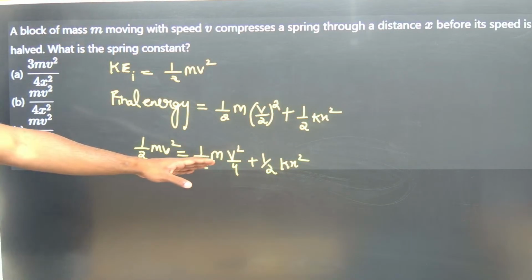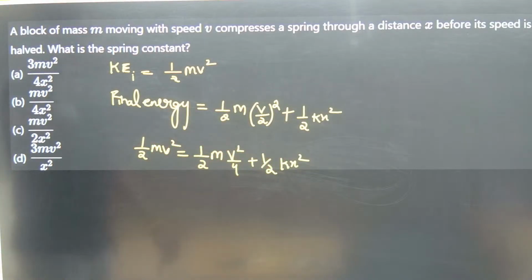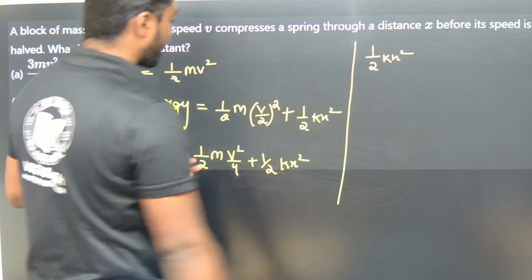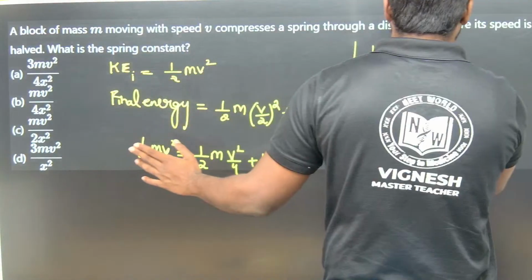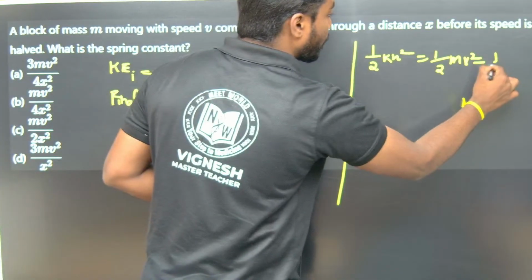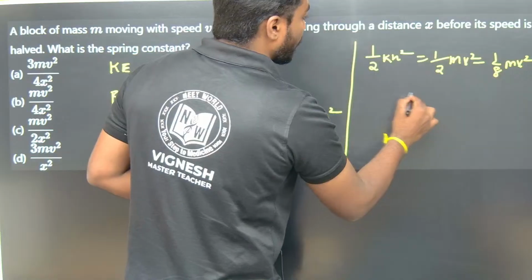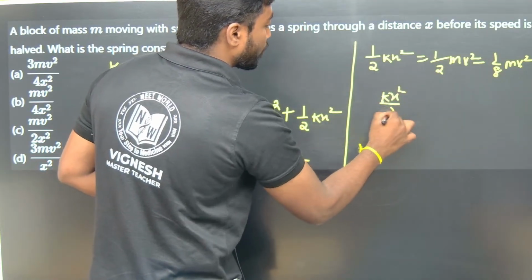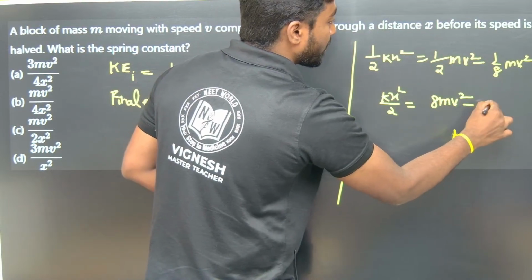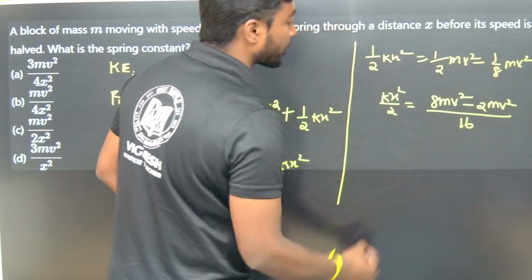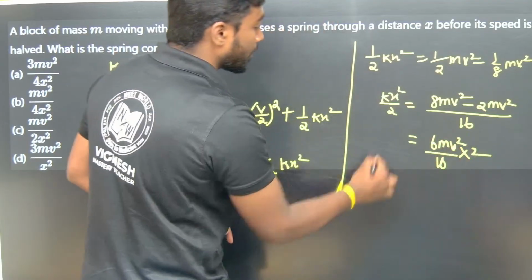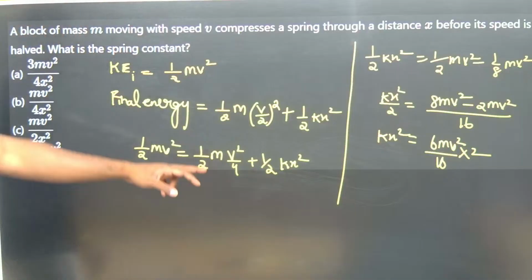From this you can keep k on one side and the remaining terms on the other side. So 1 by 2 k x square should be equal to 1 by 2 m v square minus 1 by 8 m v square. So k x square by 2 equals, cross multiplying, 8 m v square minus 2 m v square divided by 16, which is nothing but 6 m v square by 16, equals k x square by 2.